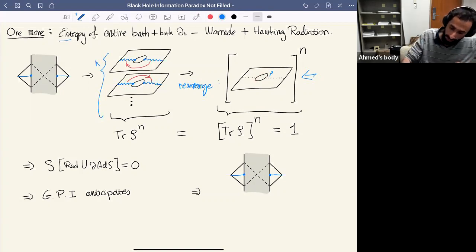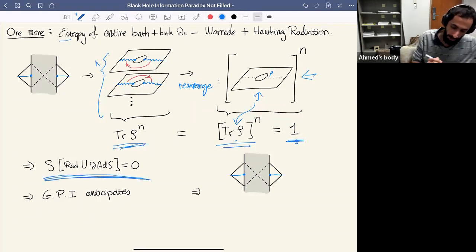The nice thing is that each one of these is nothing but trace rho. And so what we've shown is that trace rho to the n is equal to trace rho all to the power of n, but trace rho is just equal to 1. So trace rho to the n is equal to 1. Now if you take the derivative of trace rho to the n with respect to n, that's taking the derivative of 1, which is 0.